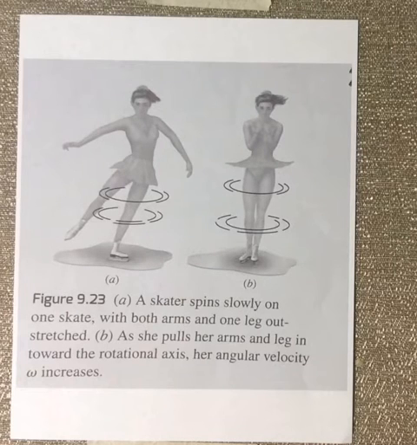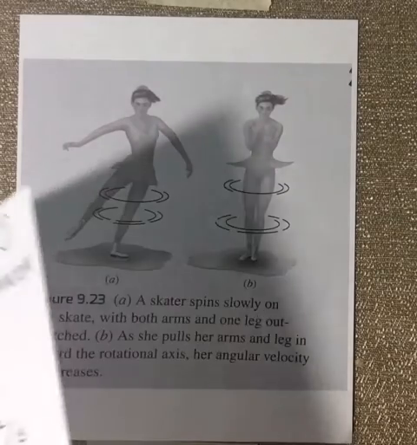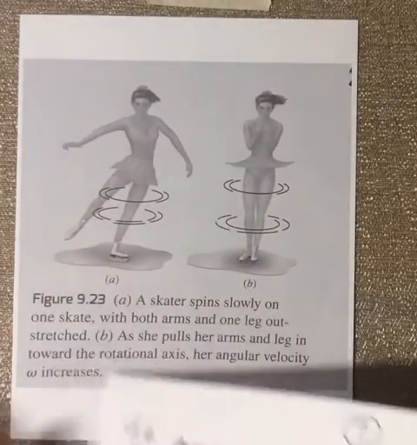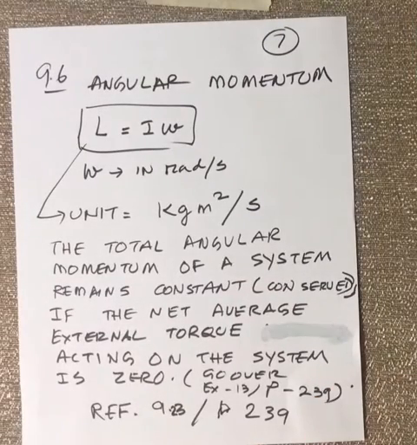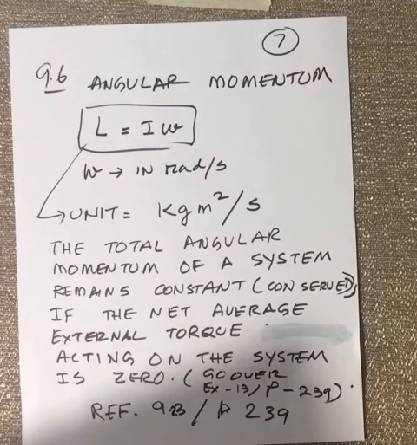Here the conservation of angular momentum takes place, which you can figure out looking at the picture here, and you should also go over the example for angular momentum. Please go over this reference, which is figure 9.13, page 239. This is a very good example for angular momentum.